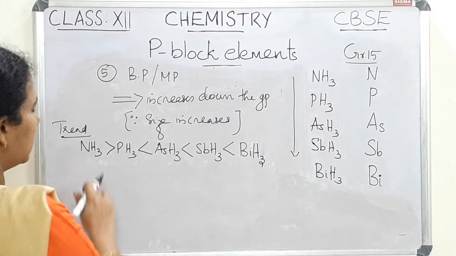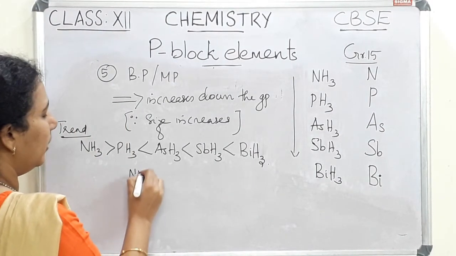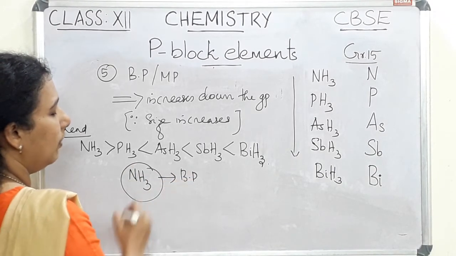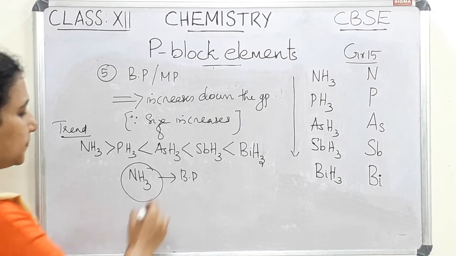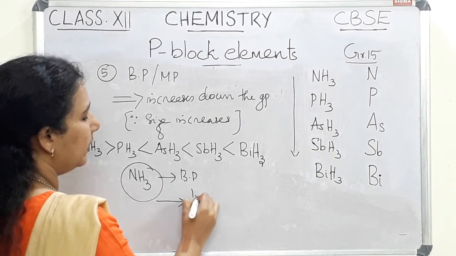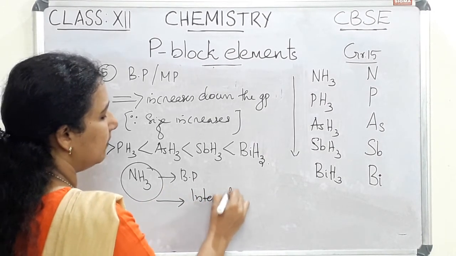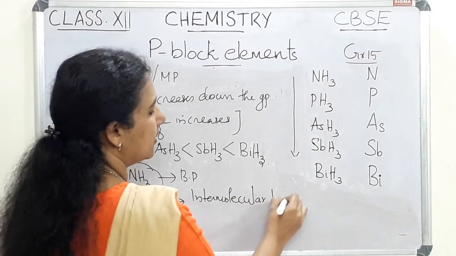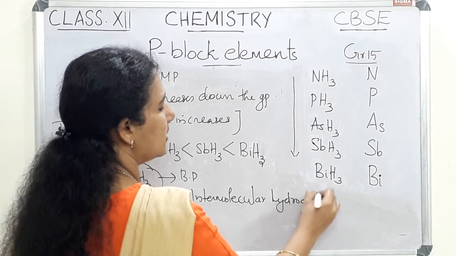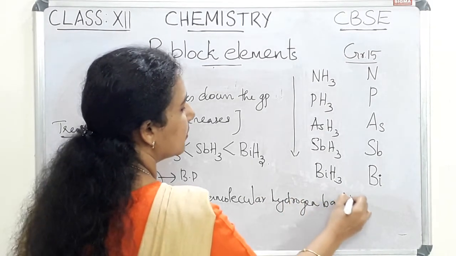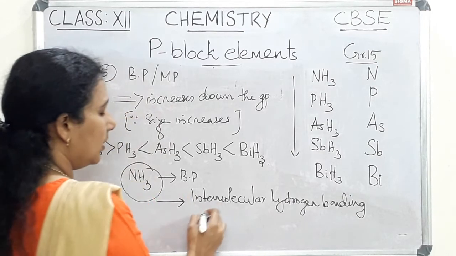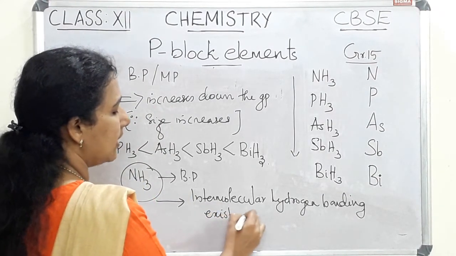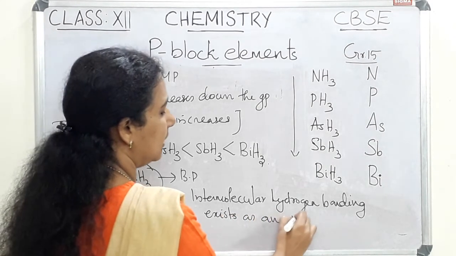But NH3 has a high boiling point, so there is an exception. It has a high boiling point and melting point due to the presence of intermolecular hydrogen bonding. Intermolecular hydrogen bonding is present in the case of NH3, due to which it exists as an associated molecule.